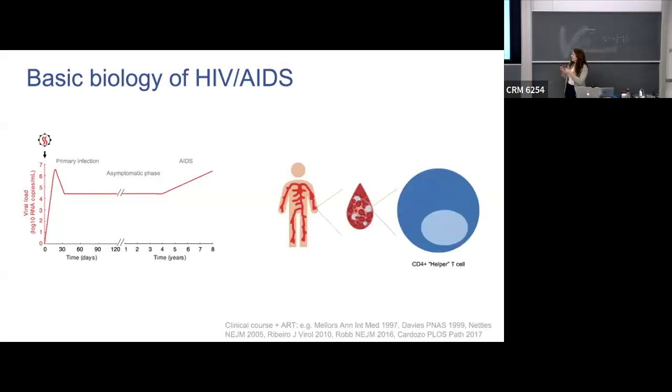So going down to the cellular level, this is an infection mainly of the bloodstream, also the lymph system, and within our blood, a particular type of white blood cell called a CD4 or helper T cell is the cell that the HIV virus primarily infects.